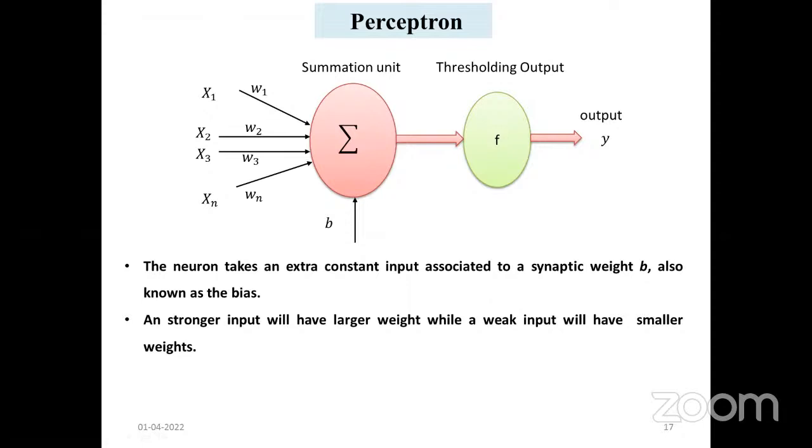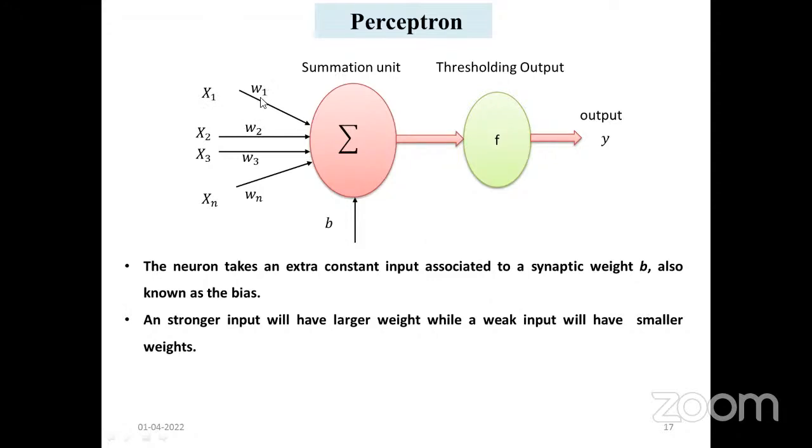Now, what is the function of these weights actually? Some attributes can have much more impact than others in producing the output. So if some input has higher impact, then the weight of that attribute will be higher. If some attribute has less impact, then its weight will be lower.